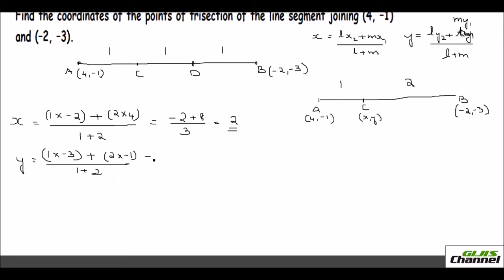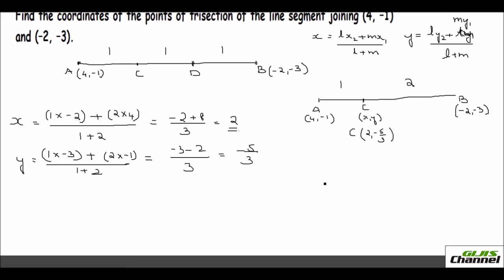So that is going to be (-3 minus 2) over 3. So your answer is -5 over 3. Got it? So you got C as (2, -5/3). So that is done.